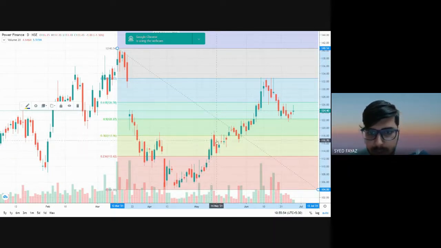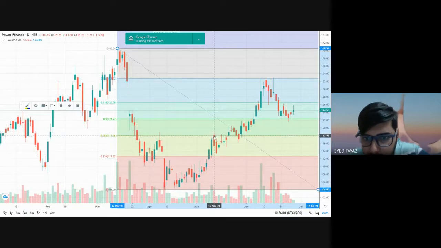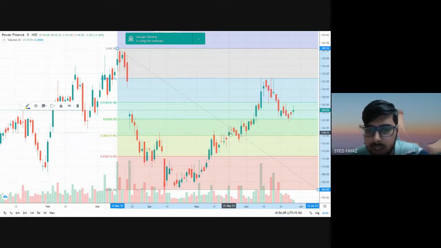After two candles again it went till here, but it wasn't able to get a good support and acted as resistance, and it again came down.